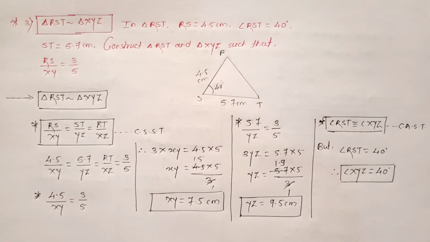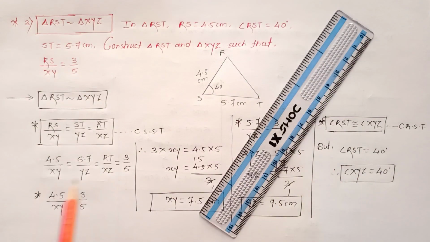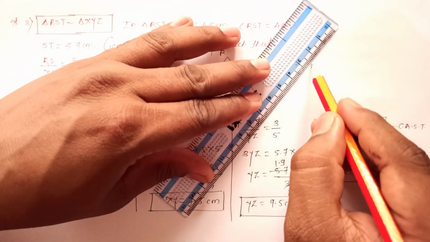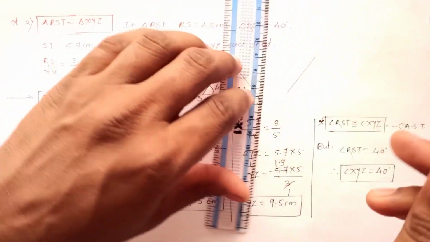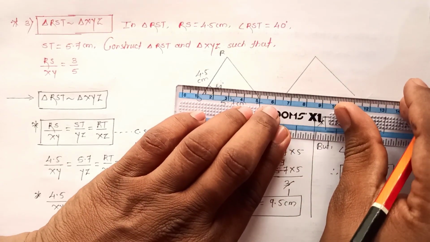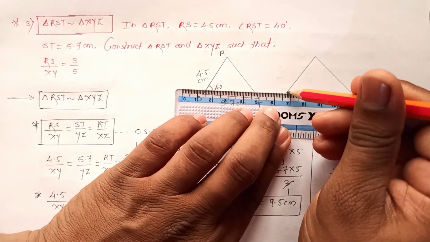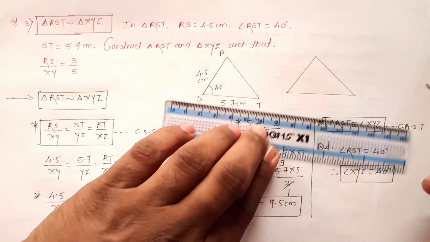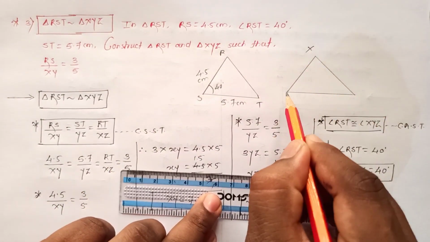Now we can draw a rough figure of the second triangle with the help of these measures. Again a rough figure like this. This is the triangle XYZ.